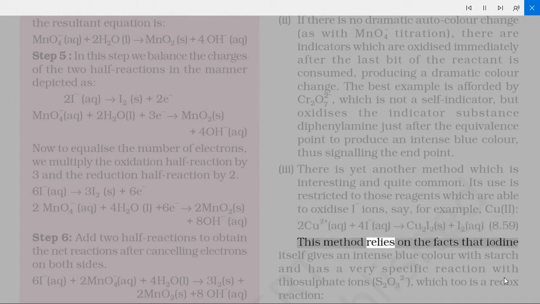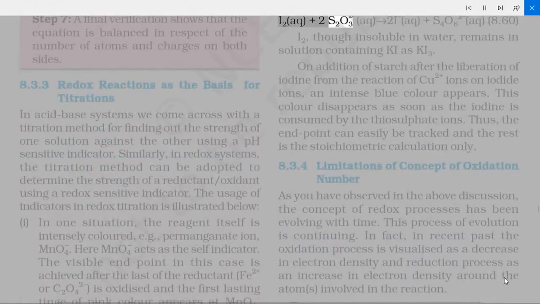This method relies on the facts that iodine itself gives an intense blue color with starch and has a very specific reaction with thiosulfate ions, S2O3²⁻, which is a redox reaction, I2(aq) + 2S2O3²⁻(aq) → 2I⁻(aq) + S4O6²⁻(aq).